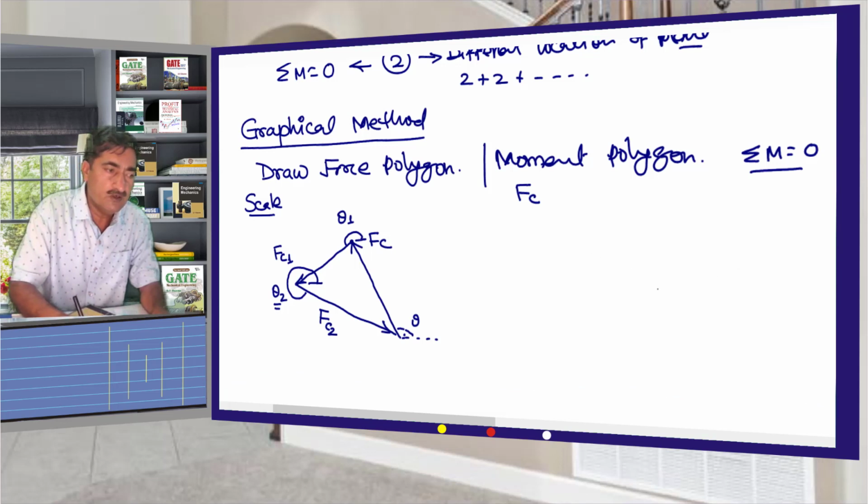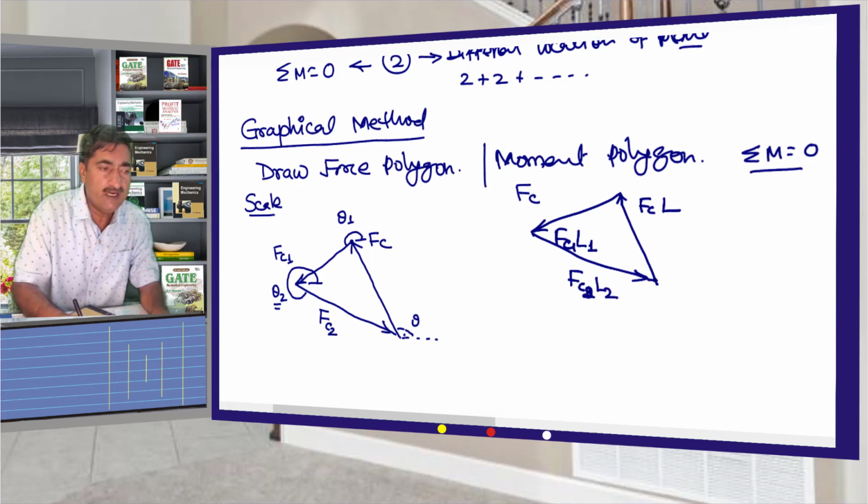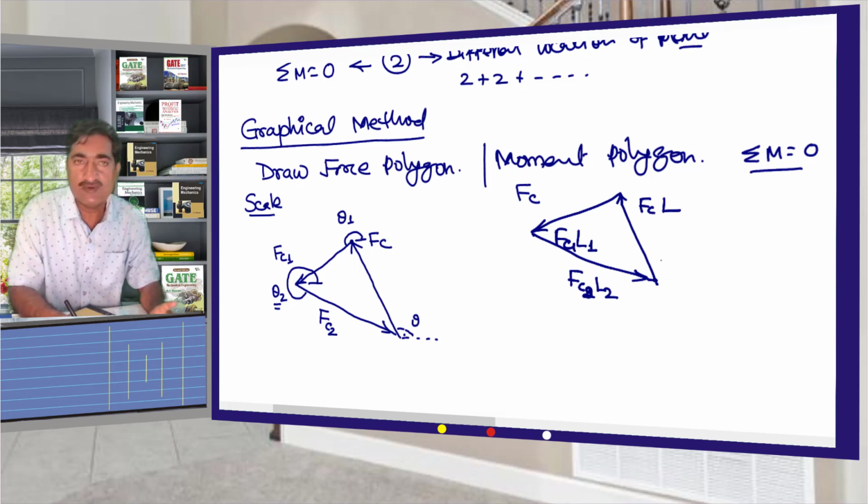There are Fc into distance, Fc1, L1, Fc3, Fc2, L2, and it depends on considering the plane.